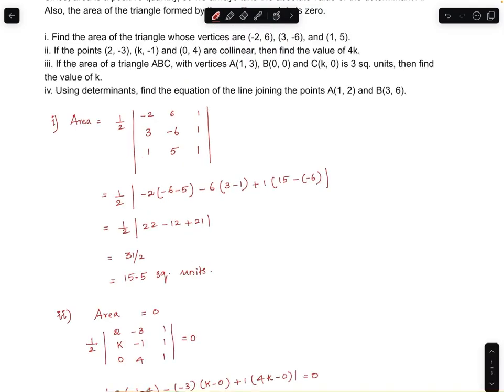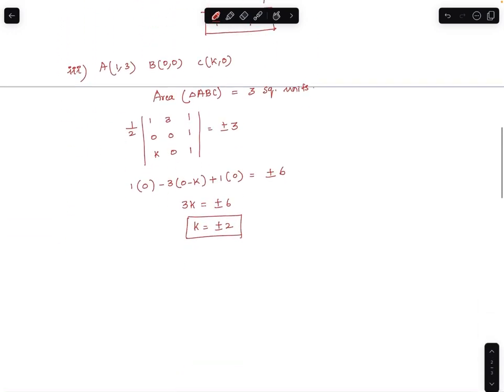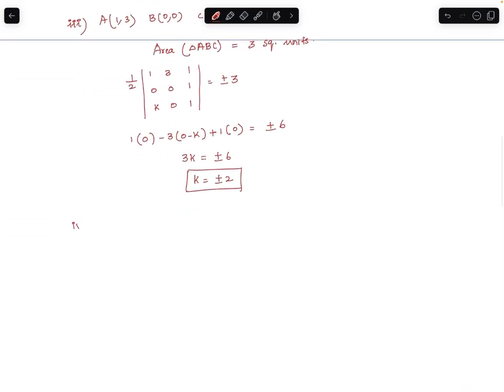Question number 4. Using determinants, find the equation of the line joining the points A (1, 2) and B (3, 6).